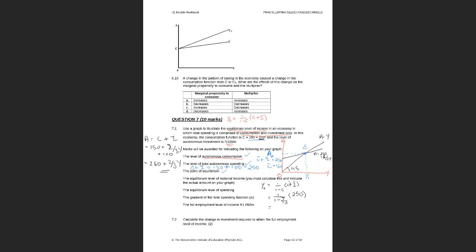Okay, now let's do the maths. This is 1 over 1 over 3 multiplied by 250. Now, simple math tells me that when you see an equation like this, you put the 3 on top. And this then becomes 3 times 250. Right, and let me know, 3 times 250 equals.